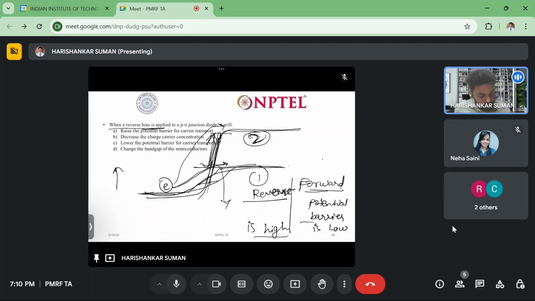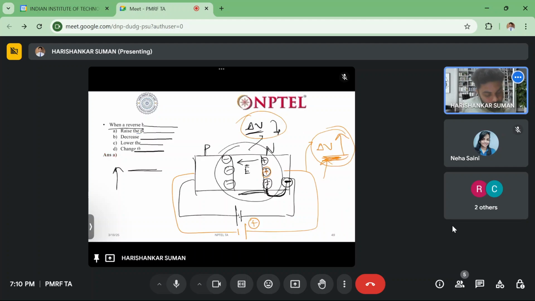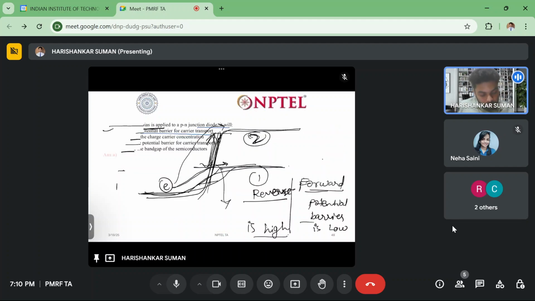When a reverse bias is applied in a p-n junction diode, it will raise the potential barrier to transport. This is reverse bias. In forward bias the potential barrier goes down and depletion width is reduced.